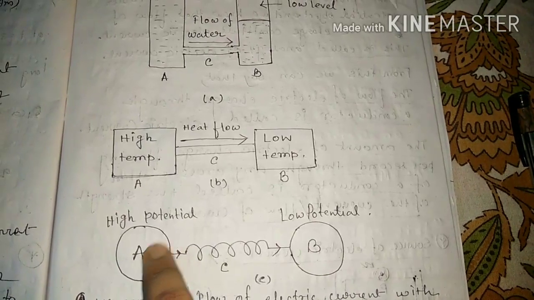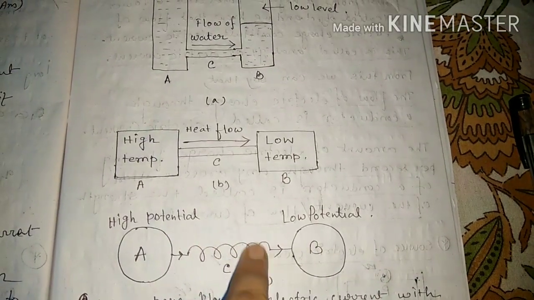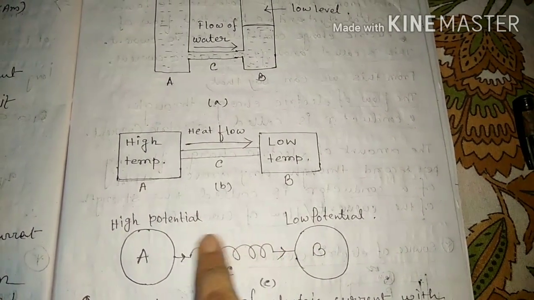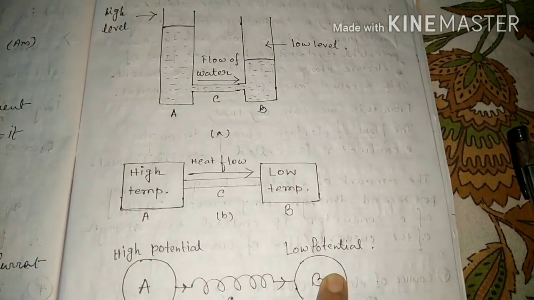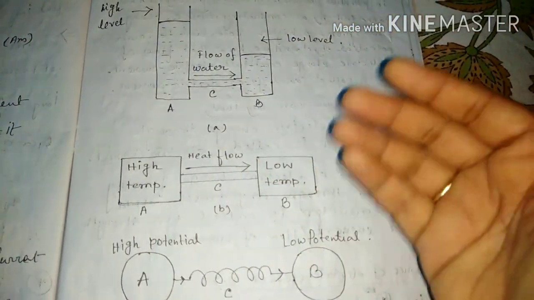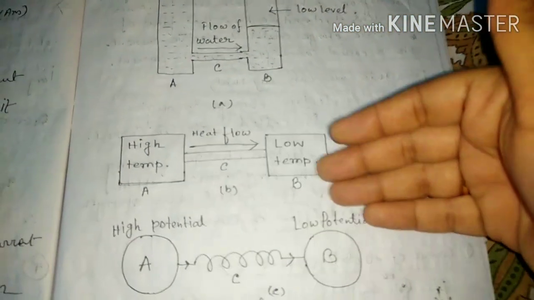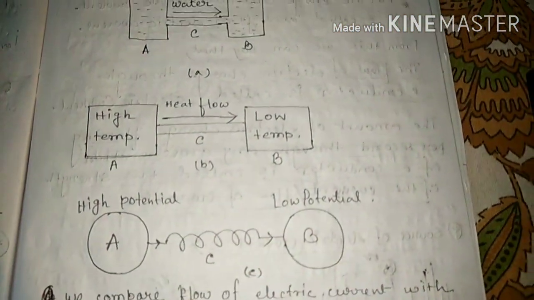That's why the electric charges flow through this conducting wire C from A to B. That means some difference is present in these three cases: here the water level difference, here the temperature difference, here the potential difference.